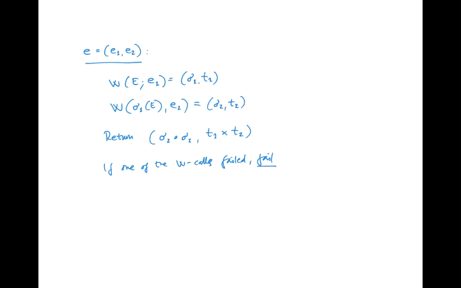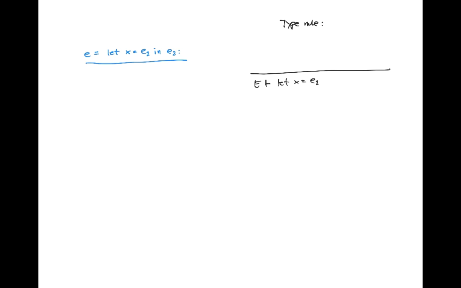Now, the last case is that of local declarations. Now let's consider local declarations. Let X equal E1 in E2. What's the type rule for lets? Well, to type in type environment E, let X equal E1 in E2.